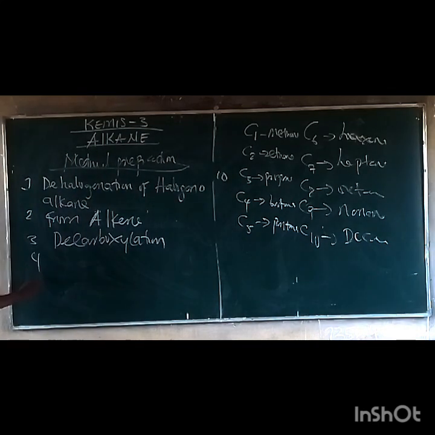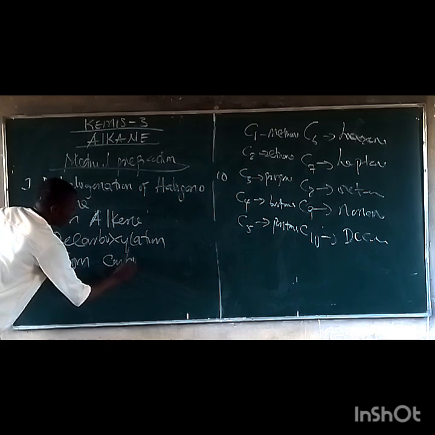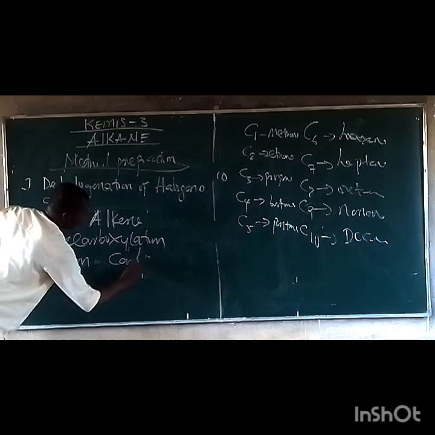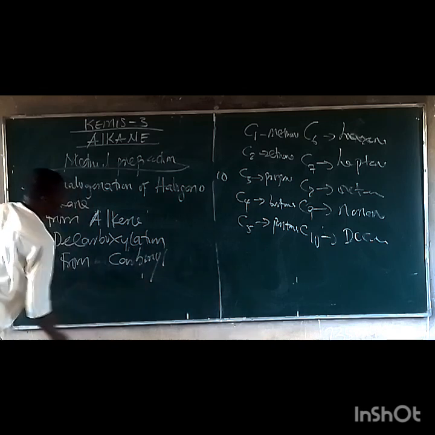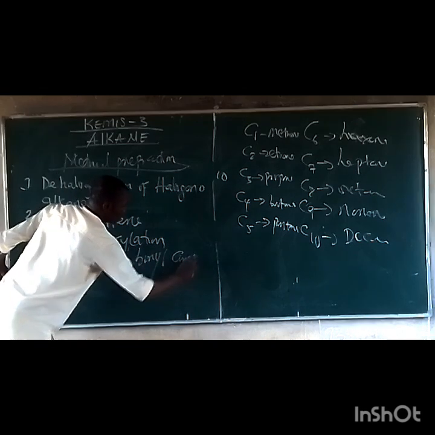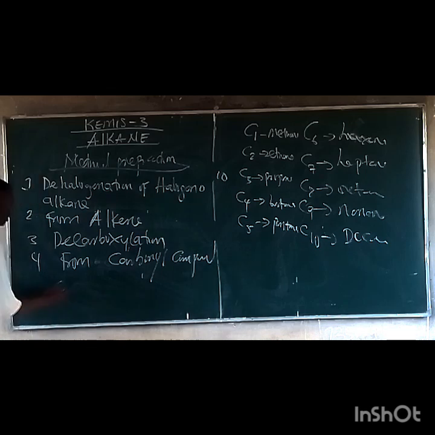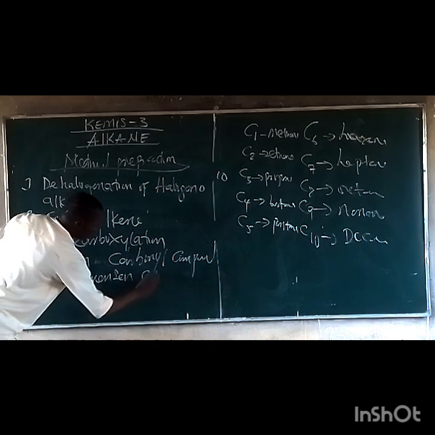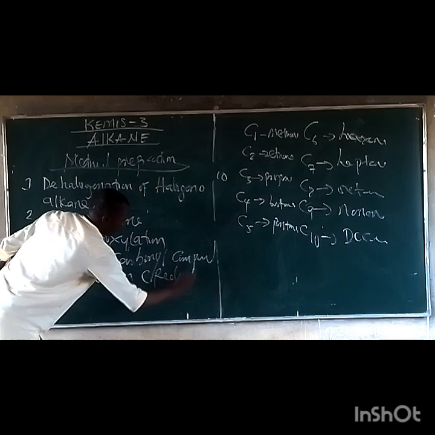The next one is from carbonyl compounds. That process is known as Clemmensen reduction.